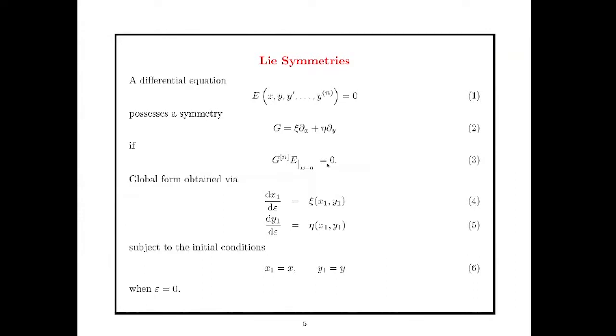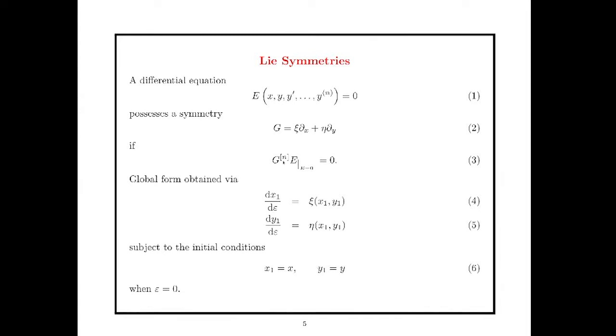Well, basically, we're analyzing a particular differential equation. We say that the equation possesses the symmetry of this form here. This is a linear operator, which operates on the equation when we extend the symmetry to the same order as the order of the equation.